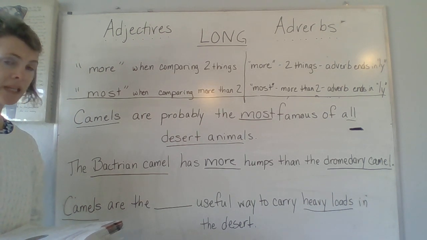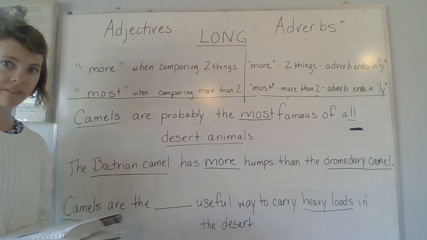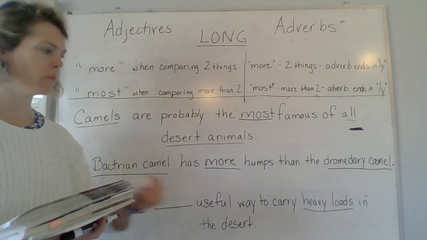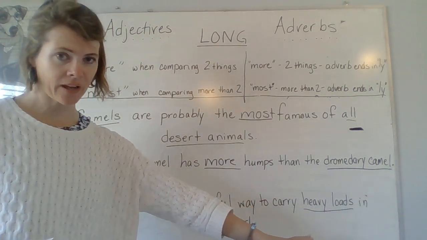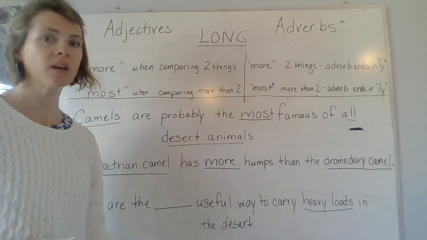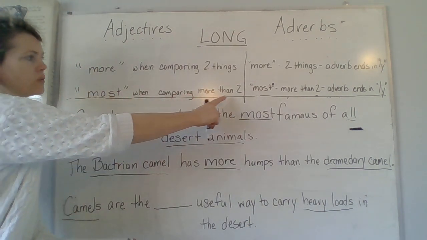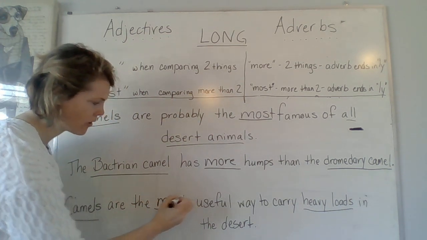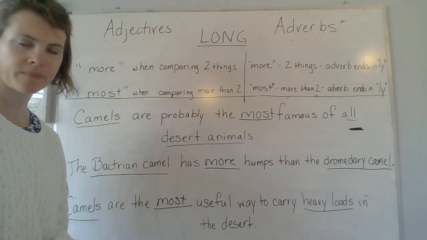Another one would be a car or a truck or an elephant. There's all kinds of ways. So when we compare camels carrying and all the different ways we could carry other heavy loads, it's way more than 2. So we are going to use the one that you use for more than 2, the word most. Camels are the most useful way to carry heavy loads in the desert.